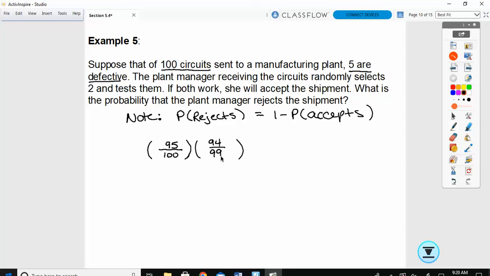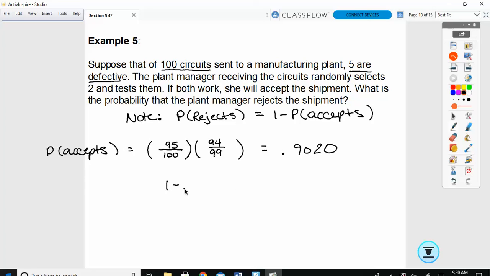Okay. So then if we just multiply those, this is the probability that she accepts it. They both work.